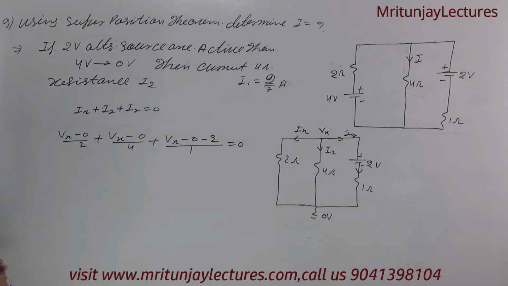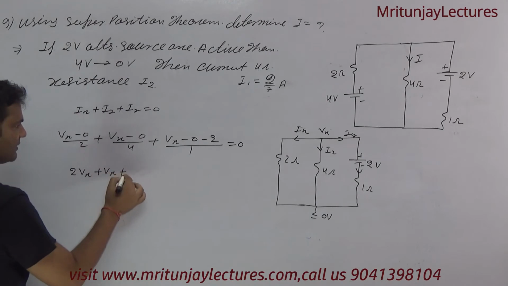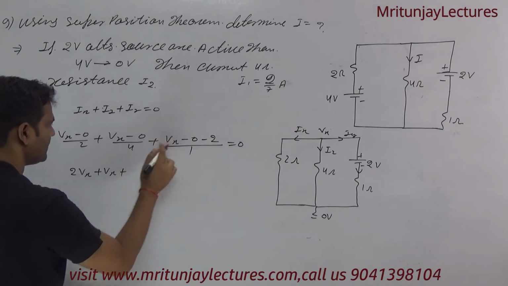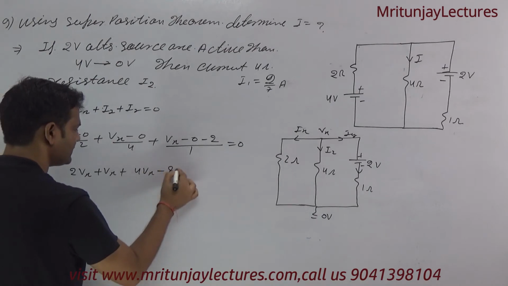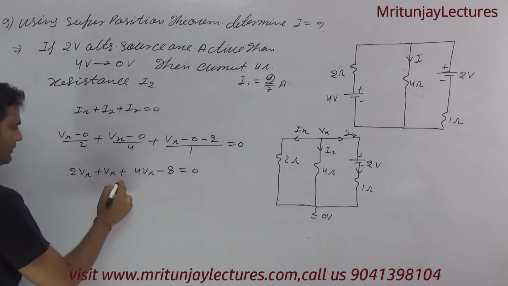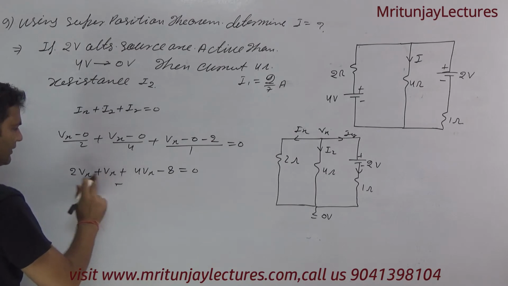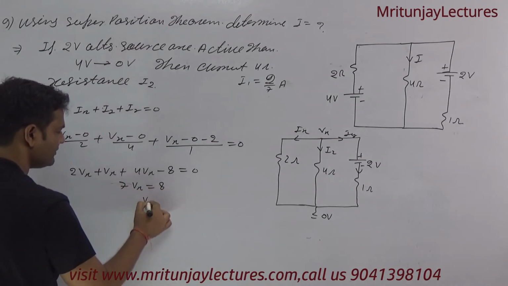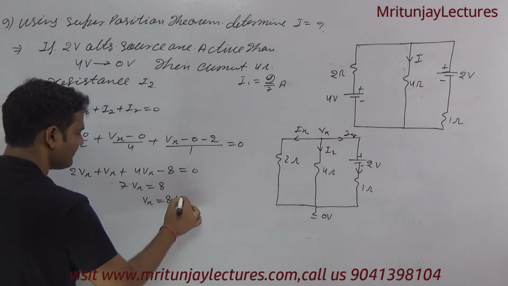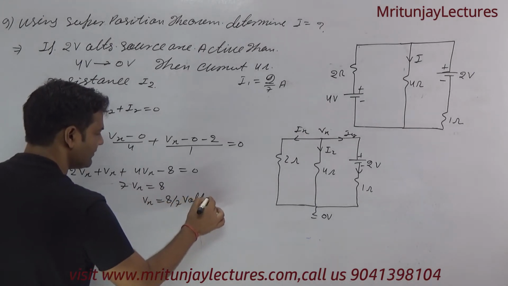Now if we multiply by 4 on both sides, then we get 2Vx plus Vx and 4Vx minus 4 into 8 is equal to 0. So 5, plus that is 7 Vx is equal to 8. So Vx is equal to 8 by 7 volt again.